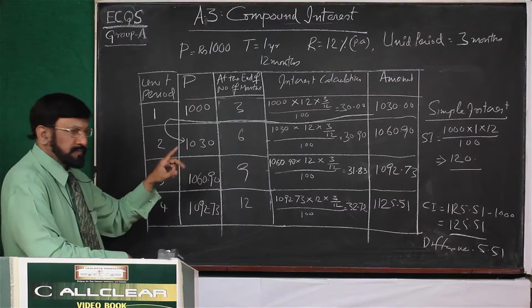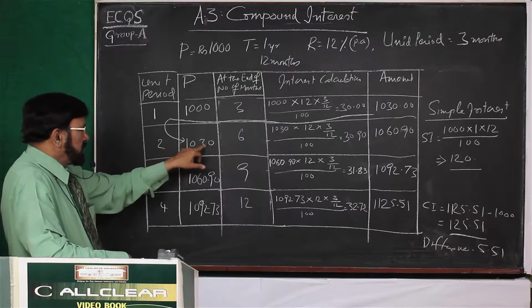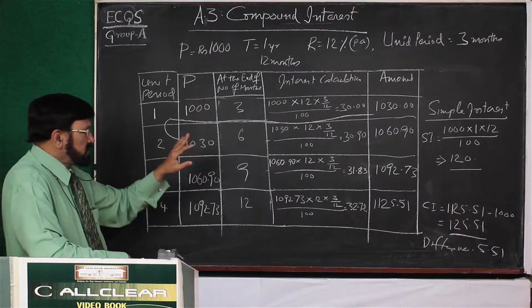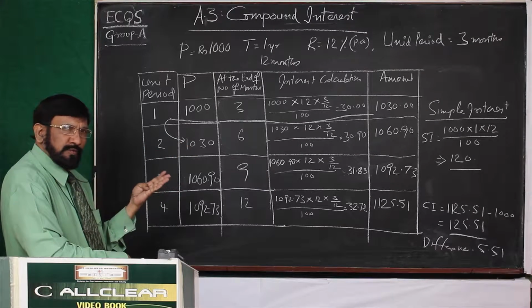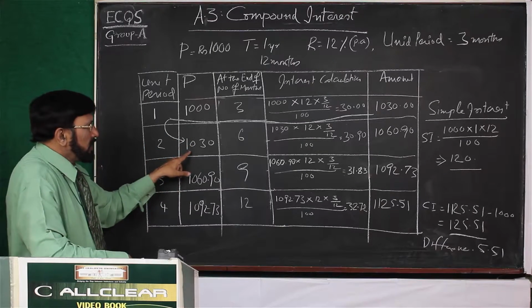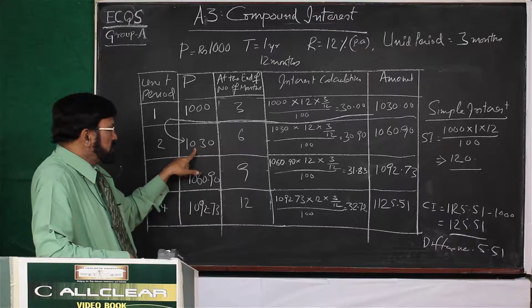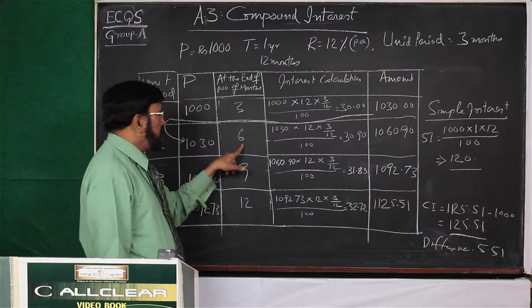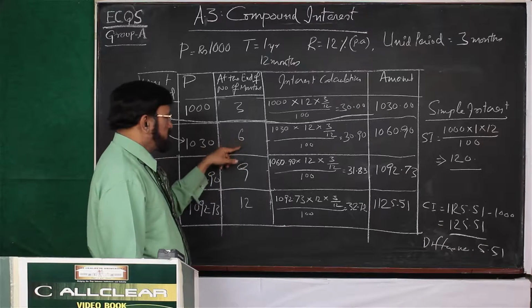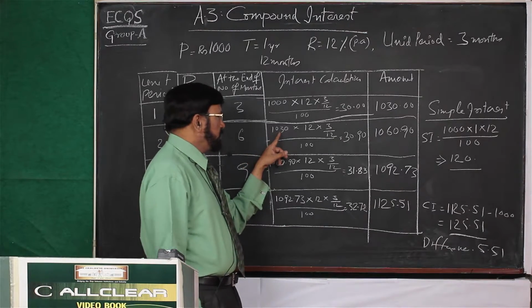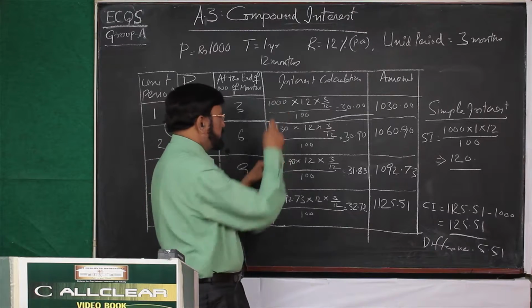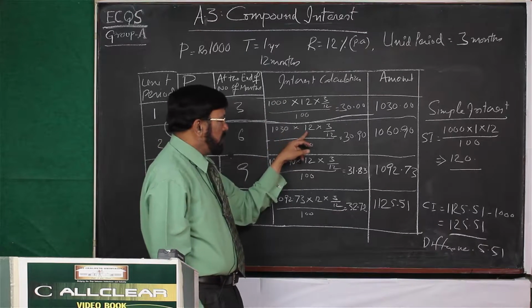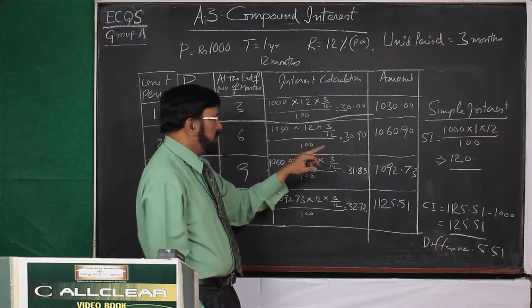that is, for the 4th, 5th and 6th months. The second unit period is 3 months, those are the 4th, 5th and 6th months, and now 1030 is the principal amount. This is up to 6 months, and now you see 1030, 12%, same thing, by 100.